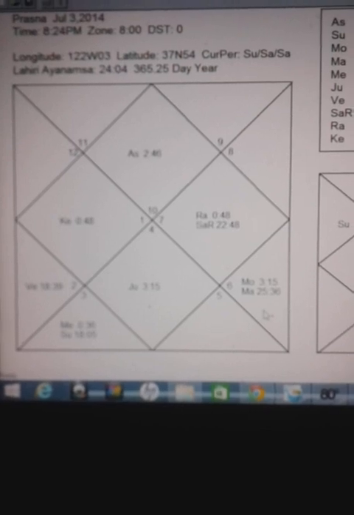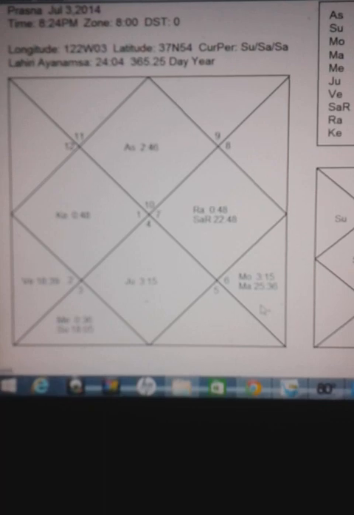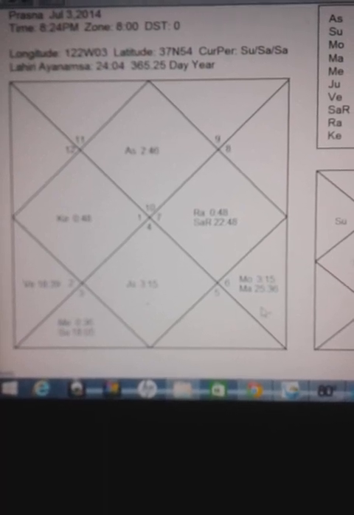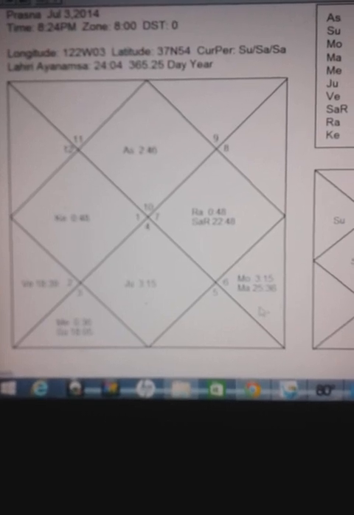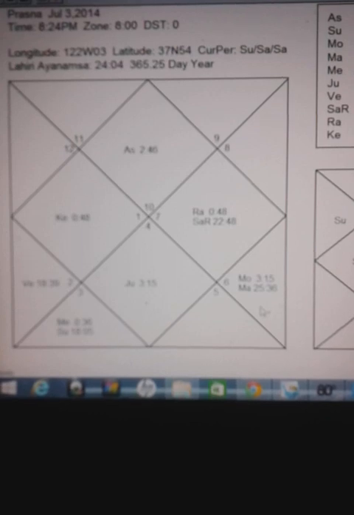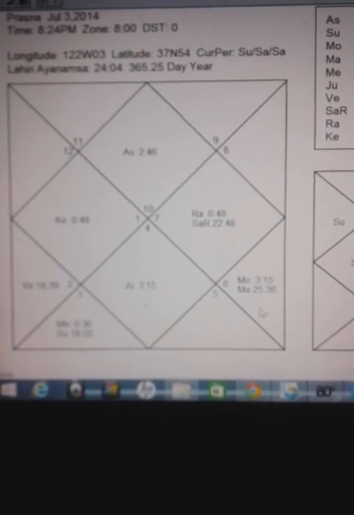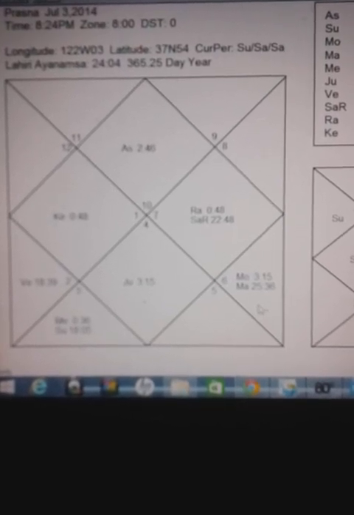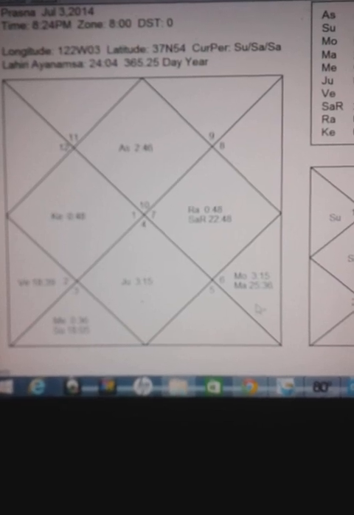So that concludes our first video, where I have explained what the 12 houses are, what degrees mean, how many degrees are constituted in one zodiac, what the 9 planets are, and how a Vedic chart looks. And as we go along, we will go into further details of what each house or zodiac depicts, because every house and zodiac depicts a particular area of our lives.